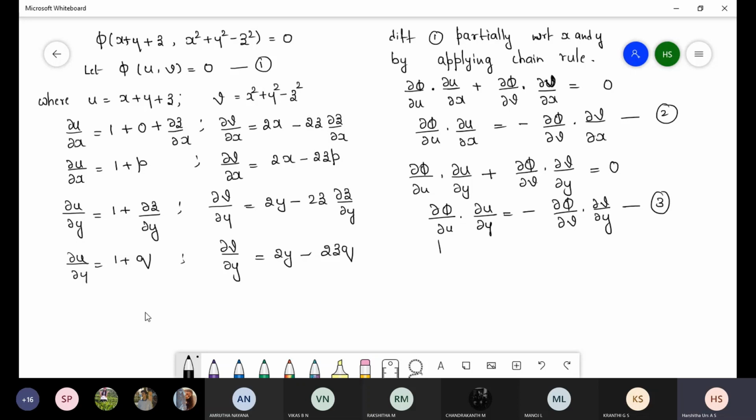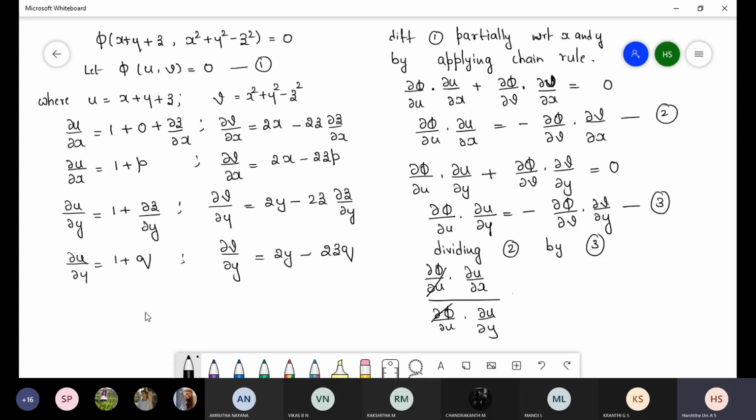Now dividing equation 2 by equation 3. So here I write dou phi by dou u into dou u by dou x divided by dou phi by dou u into dou u by dou y.